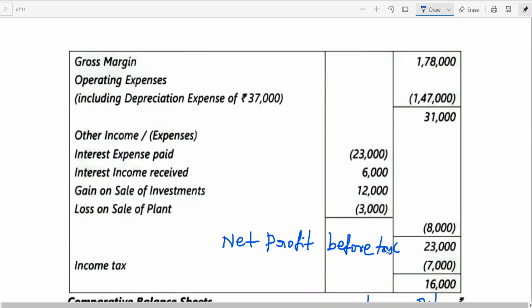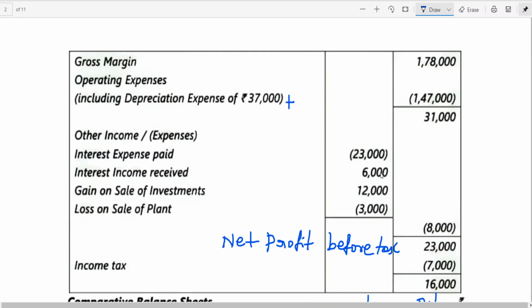Now let us look into what we need to adjust. We are following the indirect method, no? This depreciation has been deducted, am I right? So it is to be added to net profit.